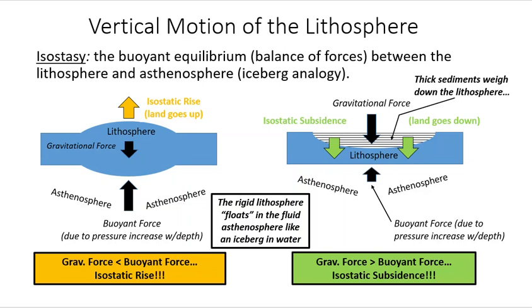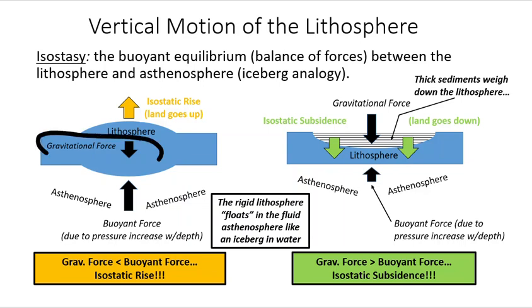And because the lithosphere possesses a certain amount of mass, remember mass is just stuff. Mass is, of course, made of atoms, and all objects in the universe possess mass because they're made of stuff, just like the lithosphere. So the atoms and the rocks and the minerals that make up the lithosphere all possess a certain mass. The more mass, the more gravity. And the gravitational force is wanting to pull the lithosphere downward into Earth's interior.